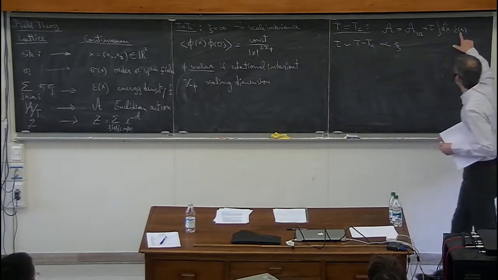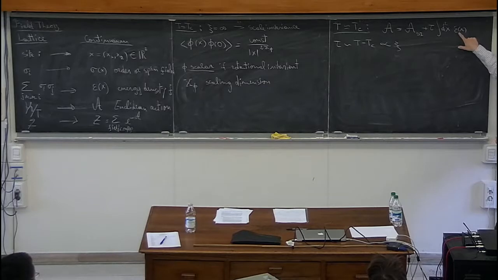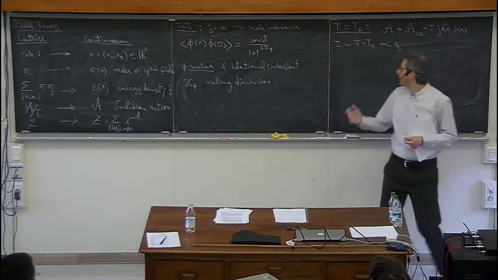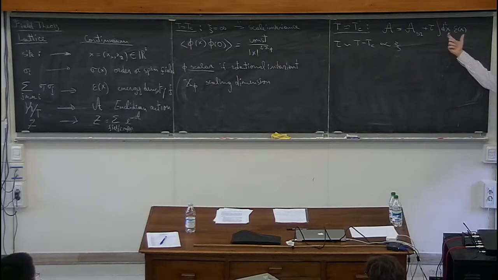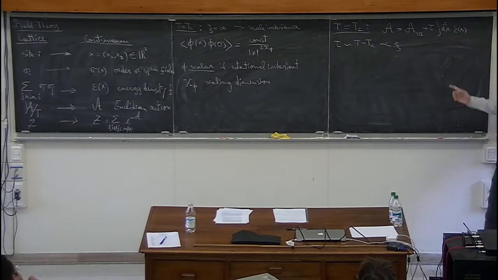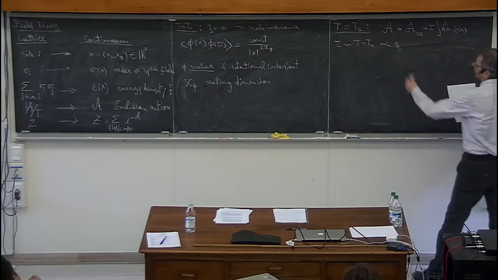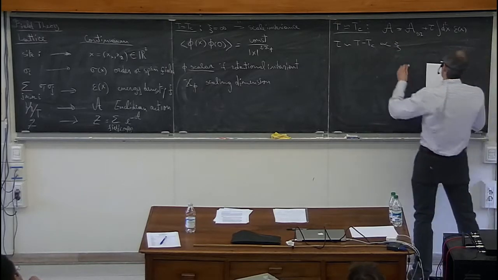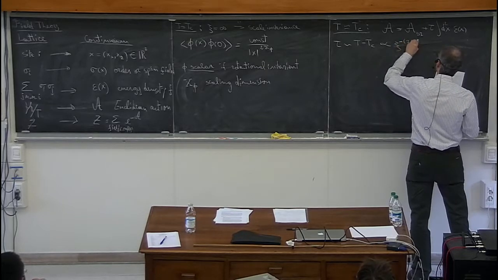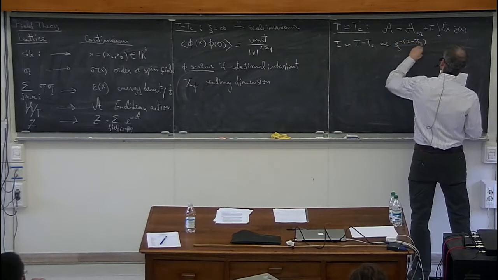So since the field epsilon has a scaling dimension x epsilon, also tau will have a dimension such that the total object is dimensionless. And this dimension is a length, the correlation length, to the power minus 2 minus x epsilon.